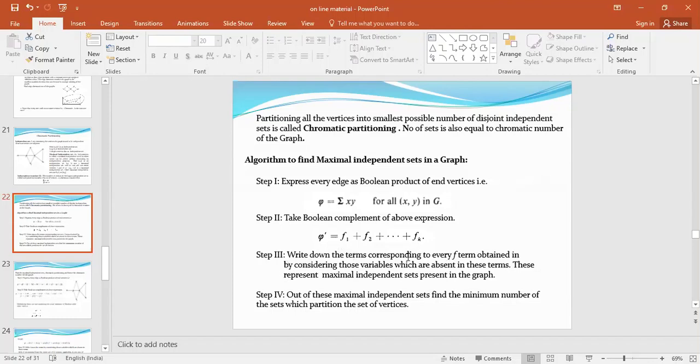Then write down the terms corresponding to every F term obtained by considering those variables which are absent in this term. I think in the next example you will see the meaning of this statement. For now, you should remember only steps 1 and 2 at this stage. The third and fourth I will explain in the question itself.